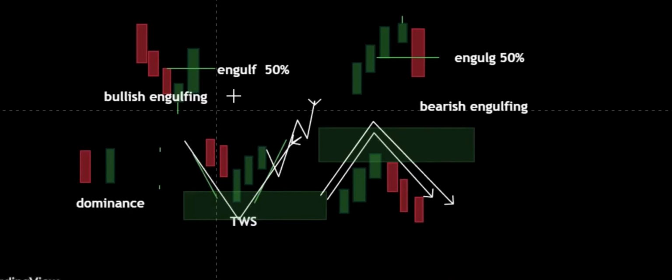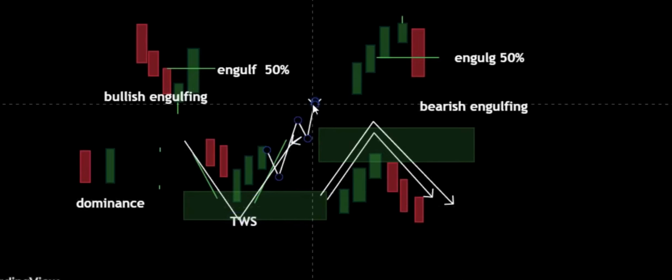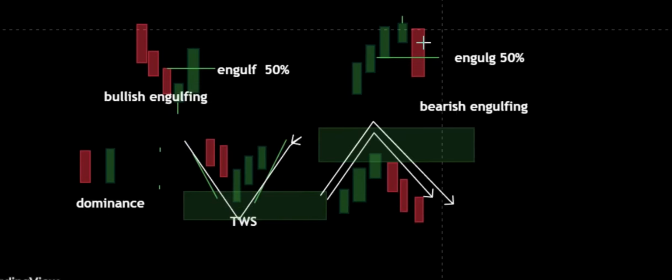And this is the TWS. It means three white soldiers.